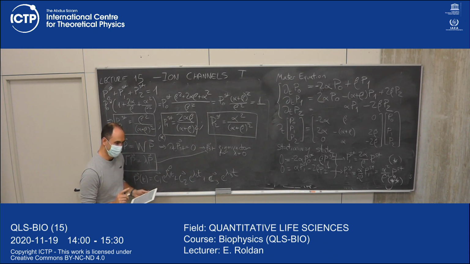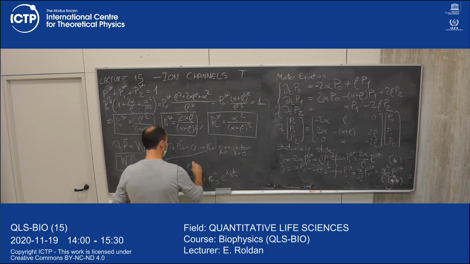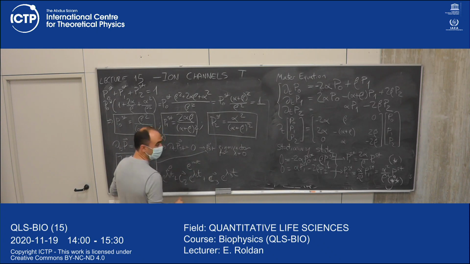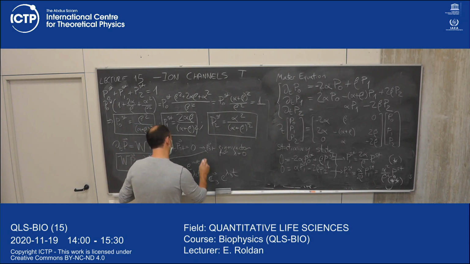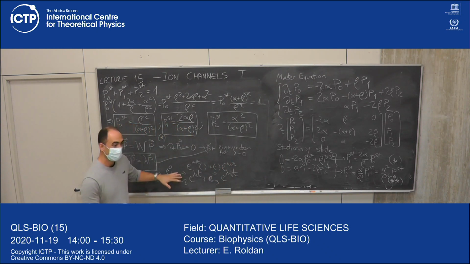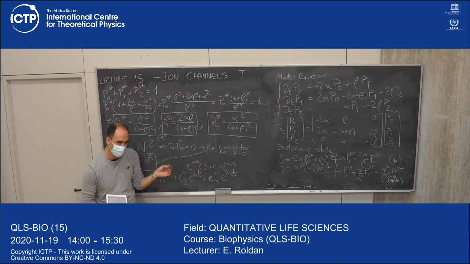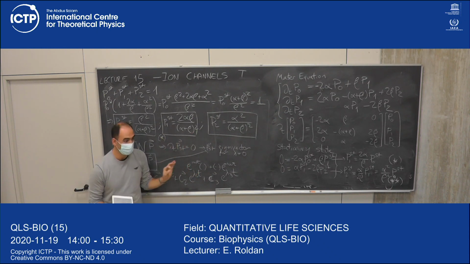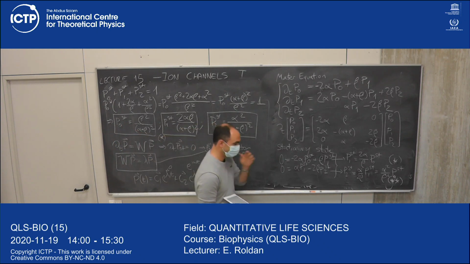If it's imaginary, you could get, for example, e^(i omega t) here. There should be the negative imaginary somewhere else, something with e^(minus i omega t). So when you get this, you remember that e^(i omega t) plus e^(minus i omega t) is cosine, right? So you will get sines and cosines in the distributions. In this model you don't get it, but in some Markov models you can get oscillations.